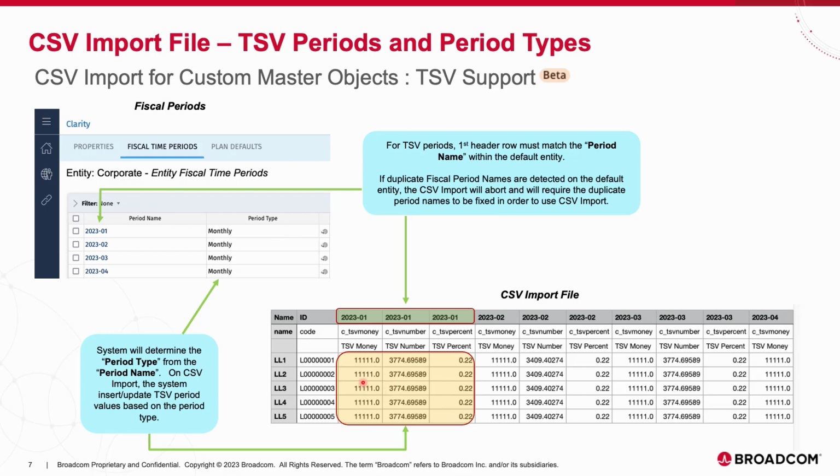So if you inserted this data as months and then view it in quarters, it will display the data appropriately. One thing to note: the default entity doesn't necessarily check for duplicates when you enter data. So if the system detects duplicates during the import, you'll get an error message and your import will be aborted.